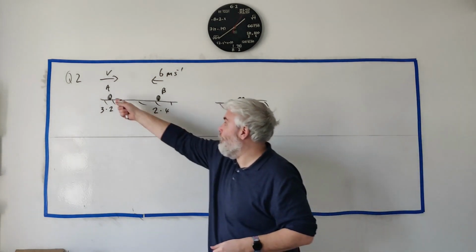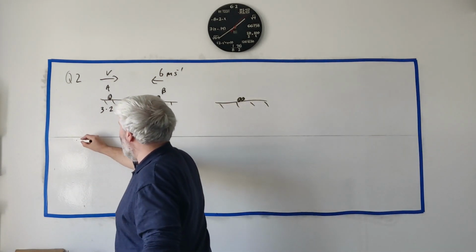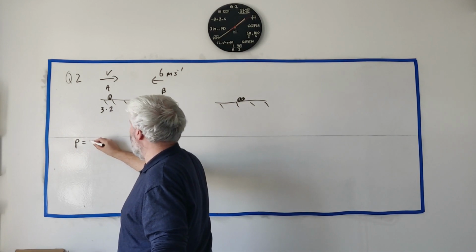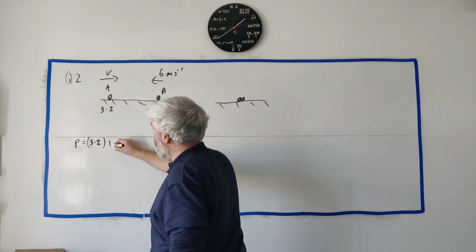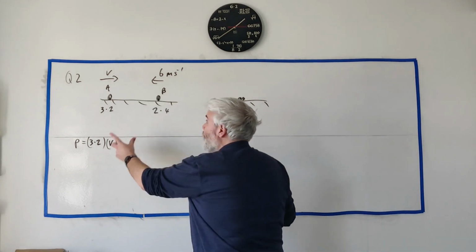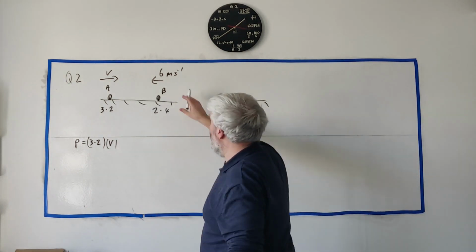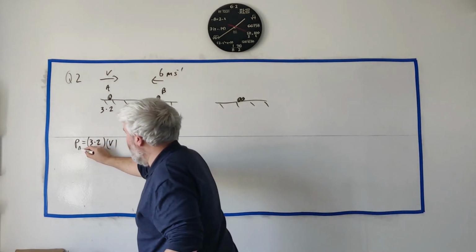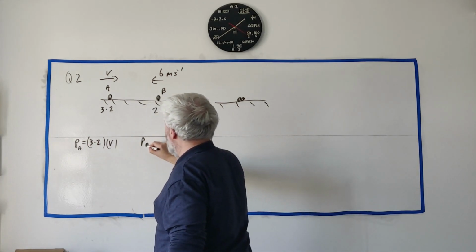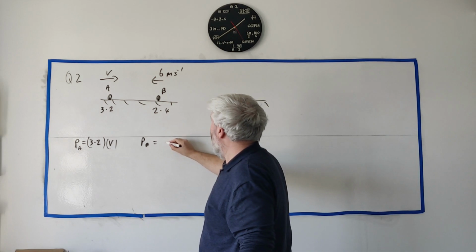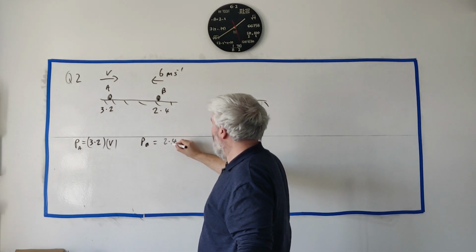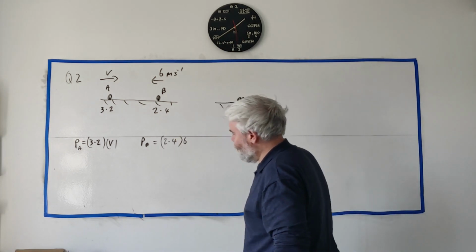We know the momentum of ball A. Momentum P is equal to mass times velocity. So that's the momentum of A, PA, and PB is equal to 2.4 times 6.